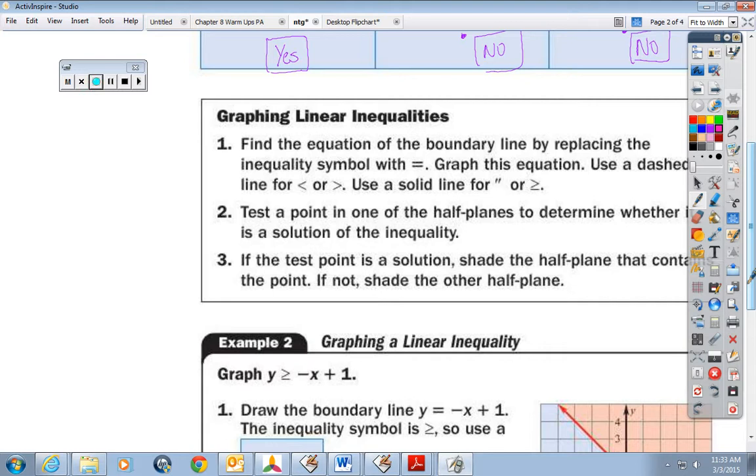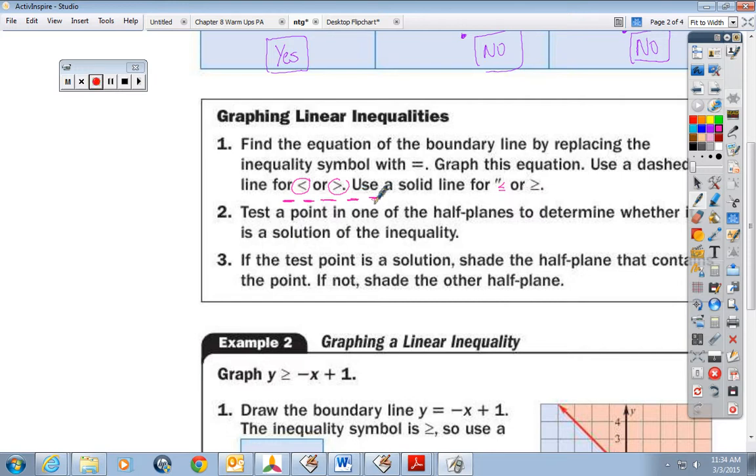The only difference is how we draw our line. If the original inequality had a less than or a greater than sign, instead of connecting the dots with a solid line, we connect the dots with a dashed line.